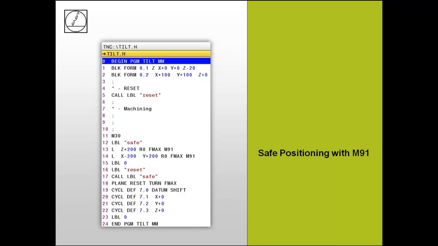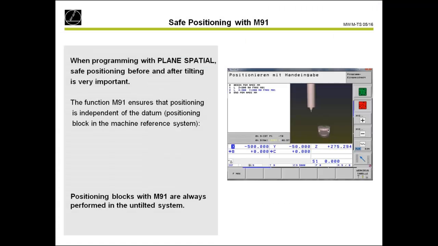Now I want to show you how you can find out and program a safe position. So at first, when we program in the workpiece coordinate system, the safe position depends on the preset.